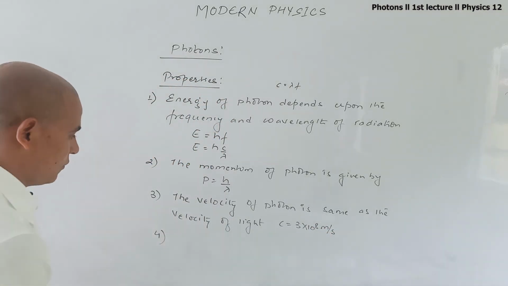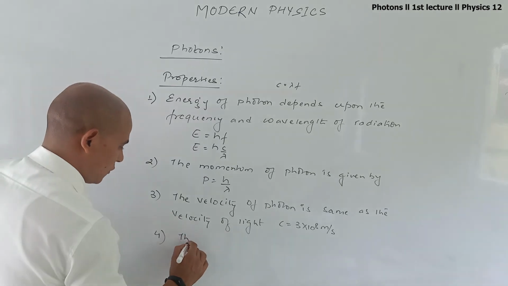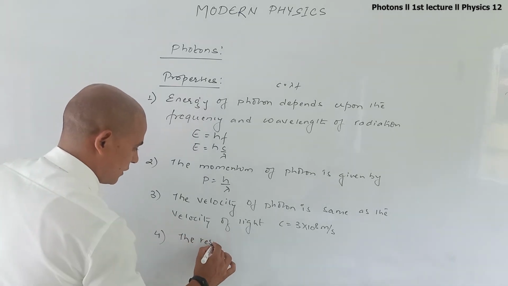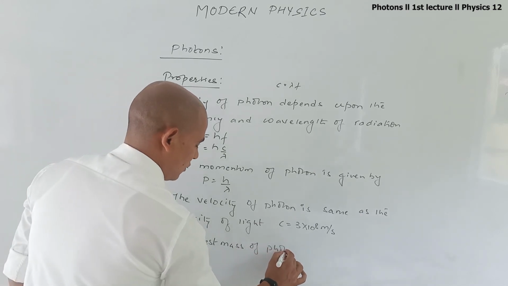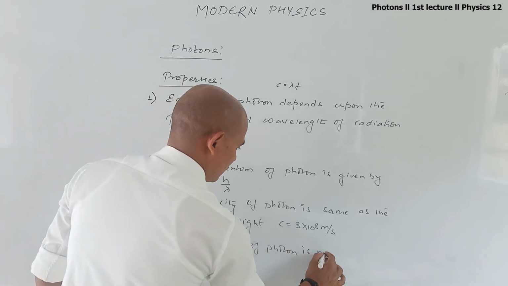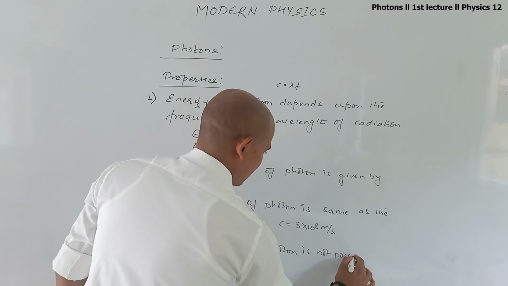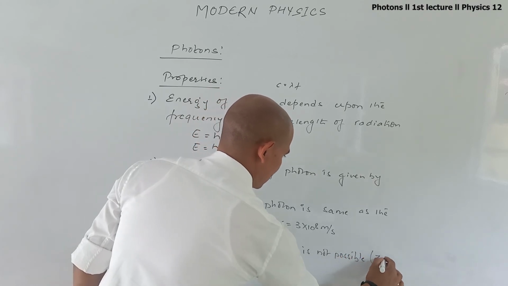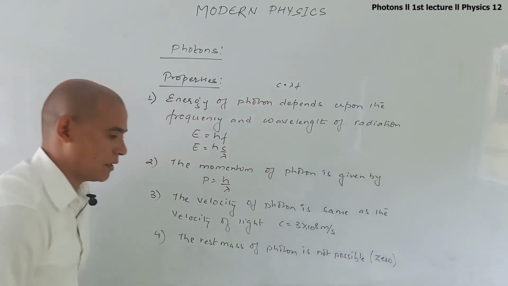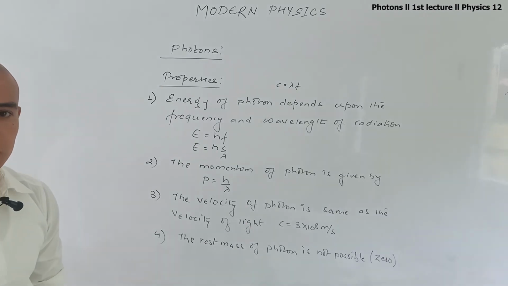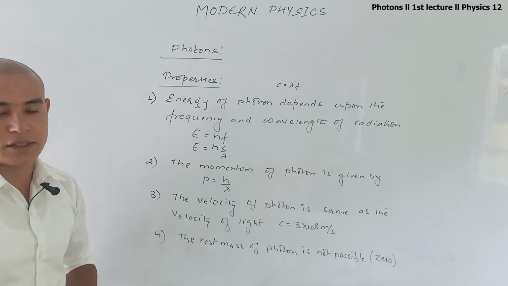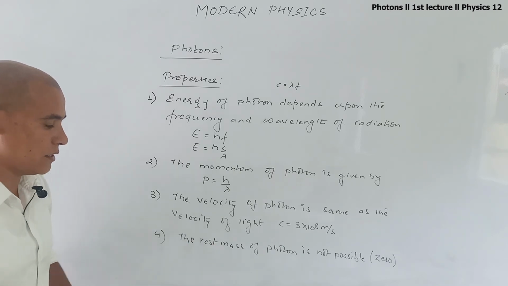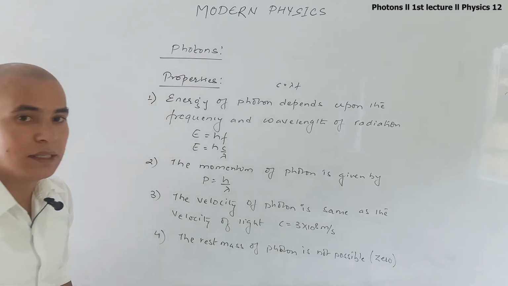Next, number 4, the rest mass of a photon is not possible, or we say it is 0. The rest mass of a photon is 0 because we cannot find any radiation at rest.